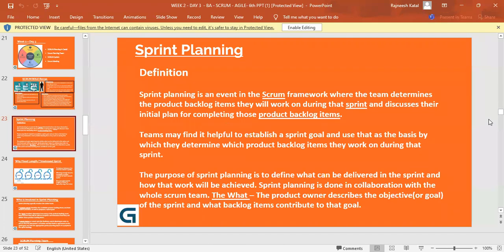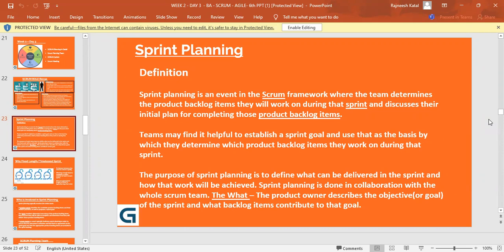And a very important thing is, see, the sentence is framed so beautifully: sprint planning is done in collaboration. Collaboration is the word. So when I say you have to mention your keywords, if you have your pen and pencil, please write this statement. It's a very useful statement to use in interviews or while talking to other team members in future.